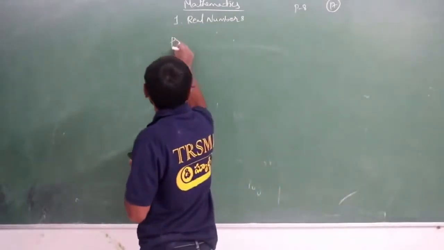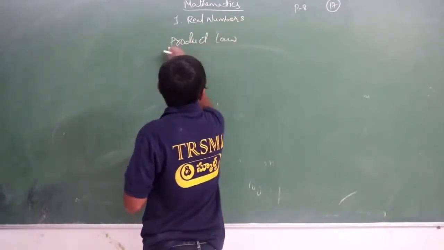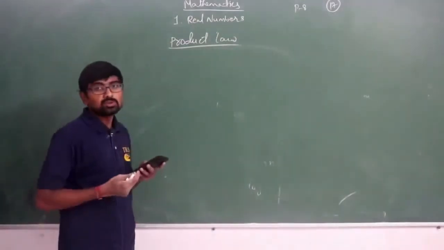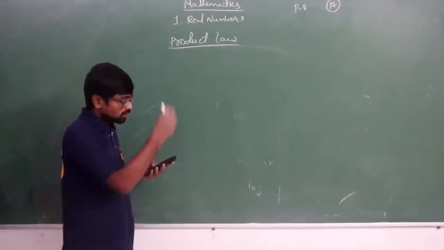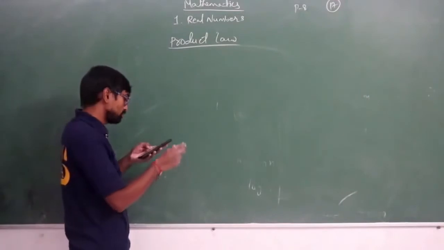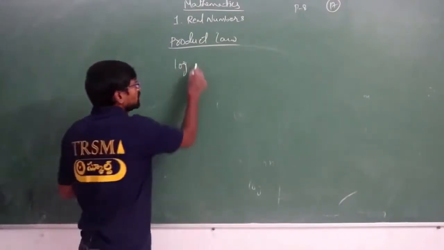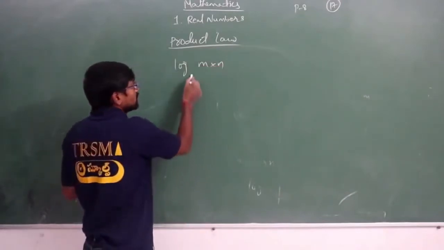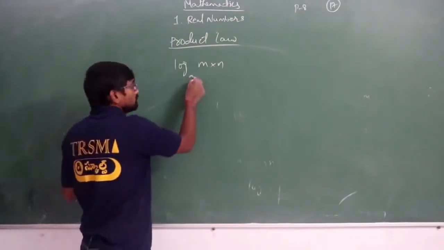First one is product law. I'm just explaining two to three laws so that you can understand how we got the other formulas. I just said log m into n, isn't it? Here in the base we don't have anything, but we can take a base value also.